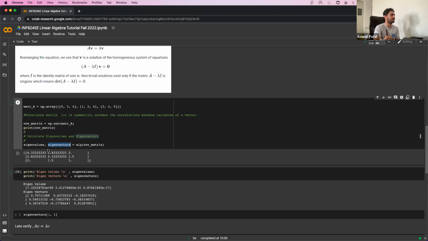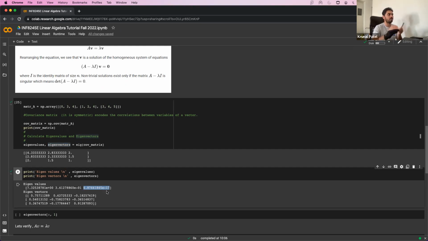For example, in this particular situation, for that particular matrix, the third eigenvalue is e raised to minus 17. By theory, if you compute it by hand, you might obtain 0, but it is not really showing you 0. It is showing some number, which is some sort of numerical issue happening in the calculations, right? So be careful when you compute eigenvalues and eigenvectors like this.